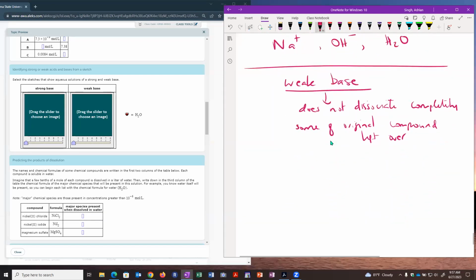So for example, in the case of ammonia, in solution, ammonia actually forms the NH4 plus.